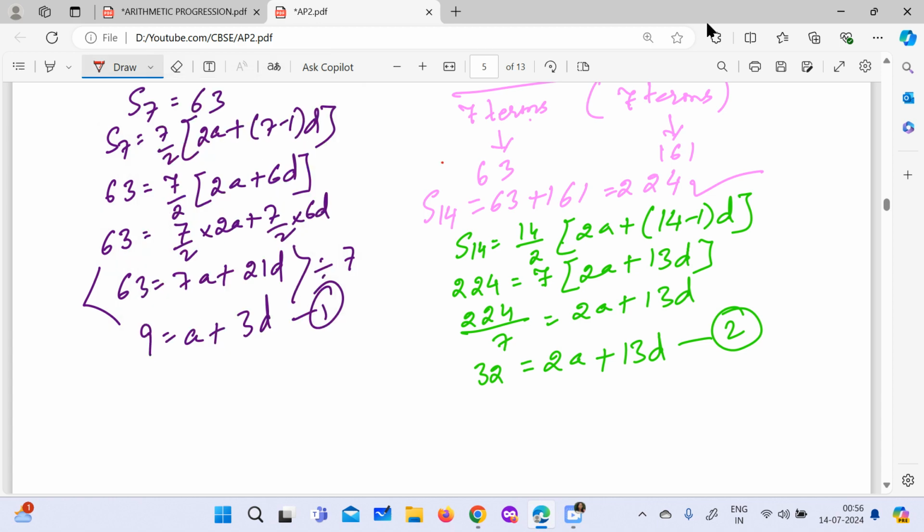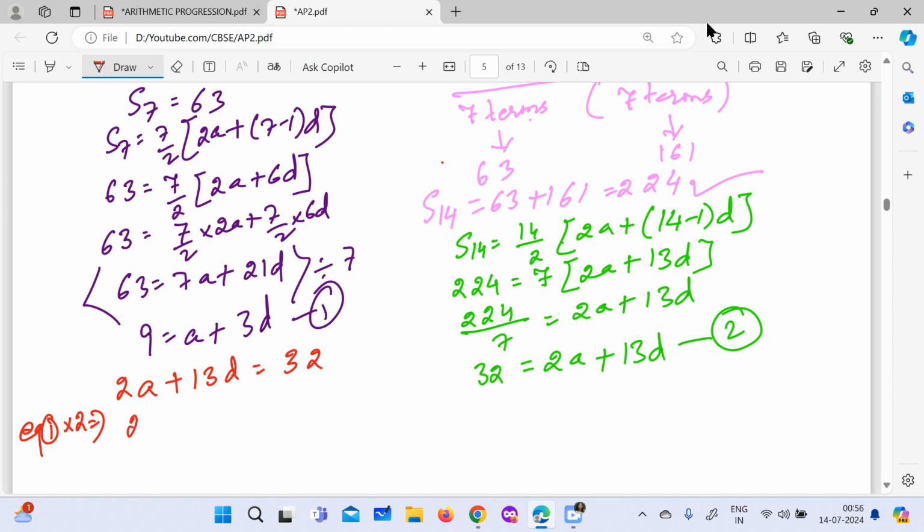2a plus 13d is equal to 32. Now the next one. So you see here this is a. What I will do now is write equation 1 times 2.